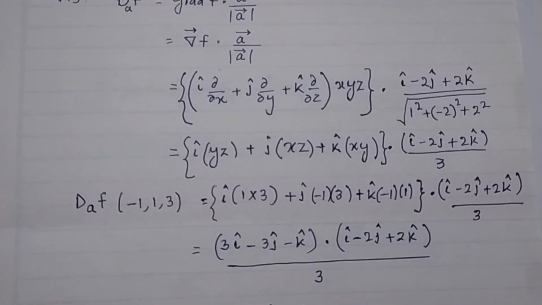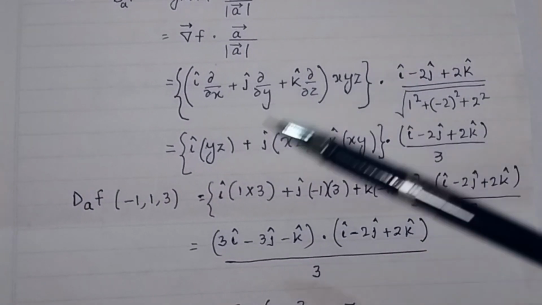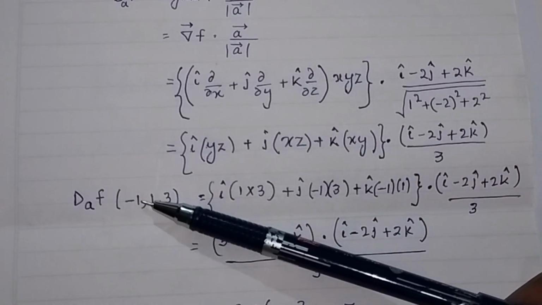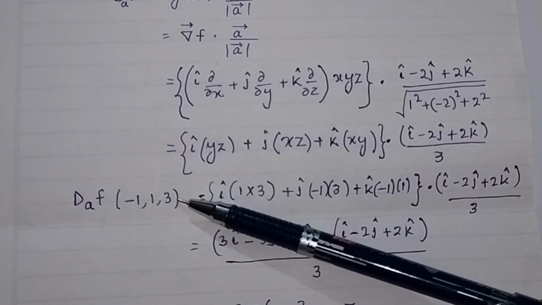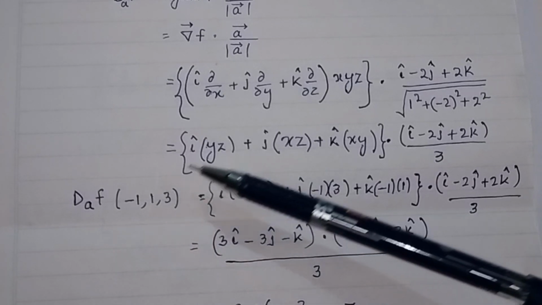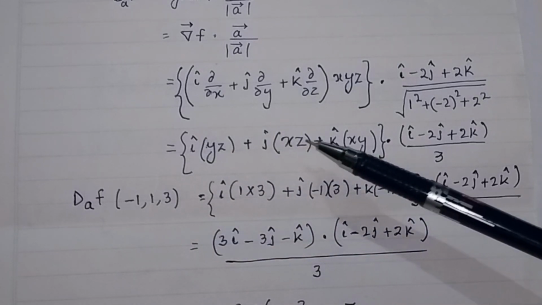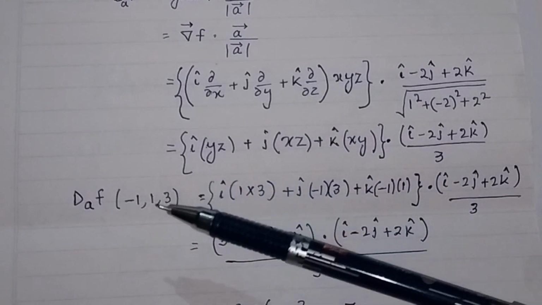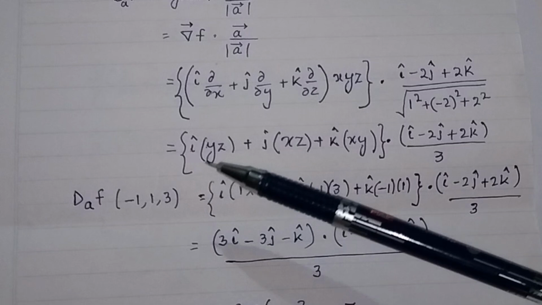So the directional derivative of the scalar function f along the vector a at the point (-1, 1, 3): we put the value of x equal to -1 here, and here also. Similarly, y equal to 1, z equal to 3.